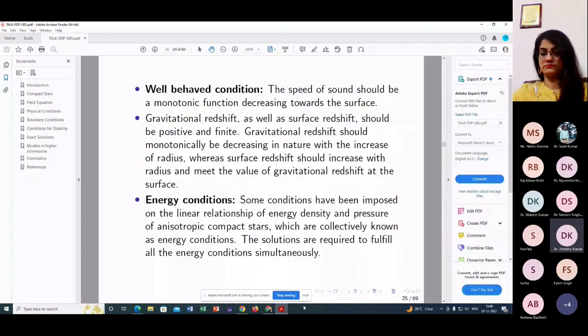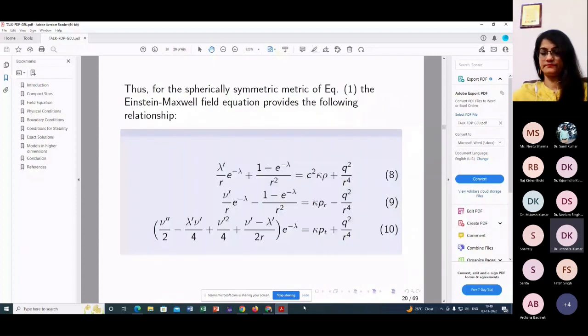We have these equations, equations 8, 9 and 10. To obtain the velocity of sound within the star, it will be given by the square root of dp_r over d rho.